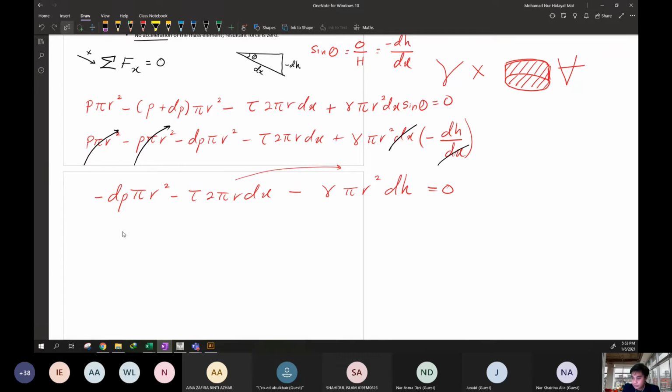So tau 2 pi r dx equals negative dp pi r squared plus negative gamma pi r squared dH.